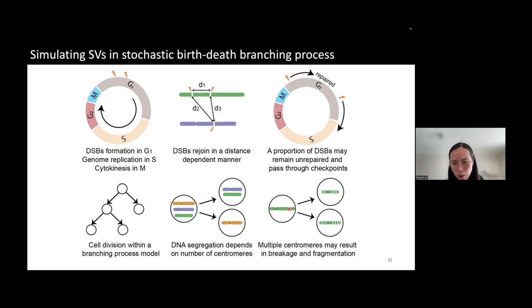And if there are more than one centromeres, they will break into pieces, and this will cause a chromosome fusion during genome replication, which I will describe in more detail soon.